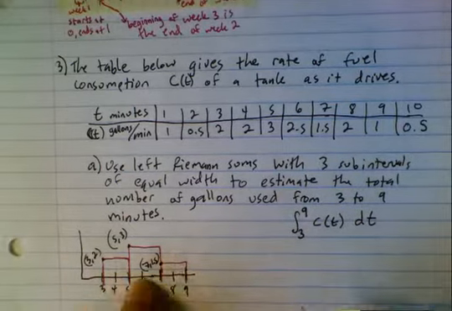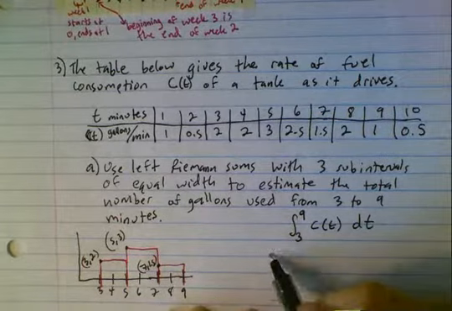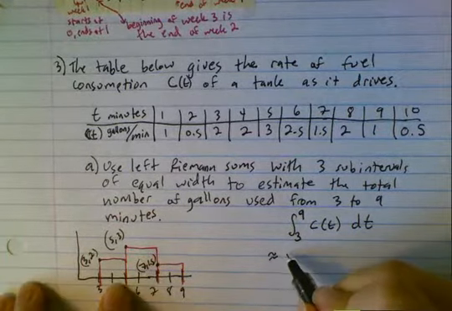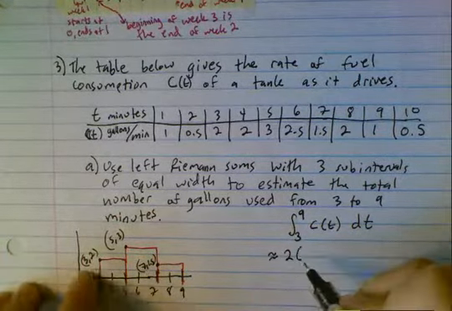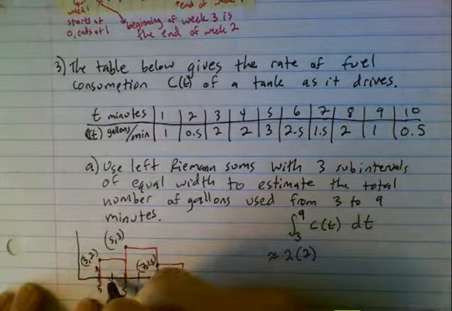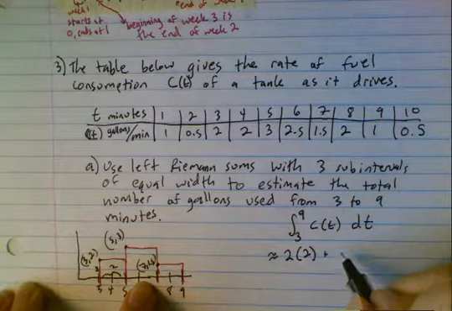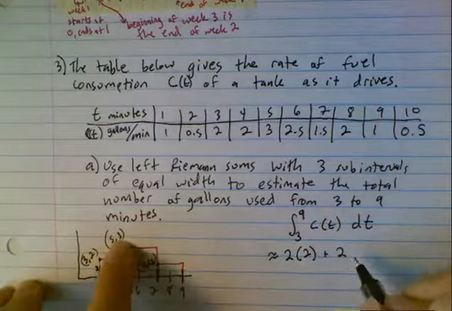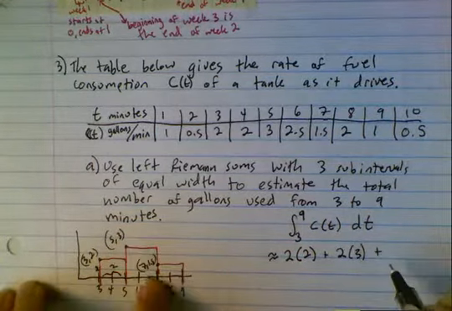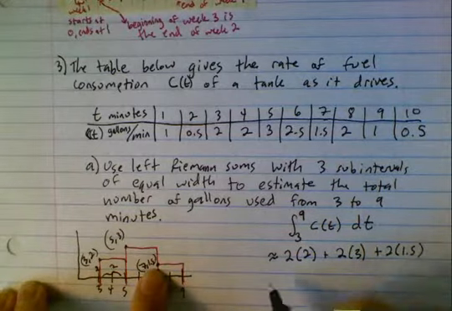So the width of each of these is 2. So this integral here approximately equals 2 times the height of 2, plus a width of 2 and a height of 3, plus a width of 2 and a height of 1.5.